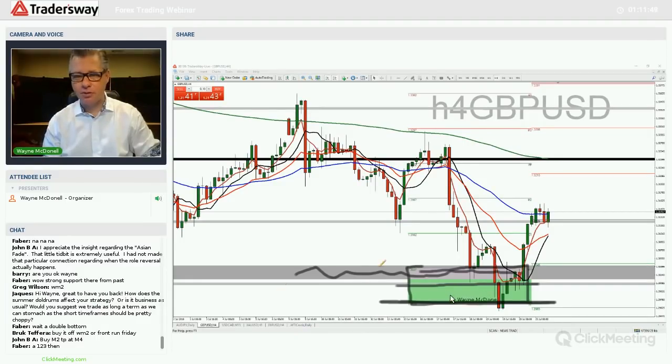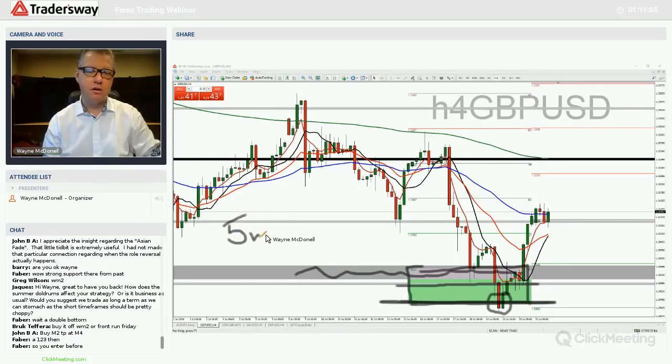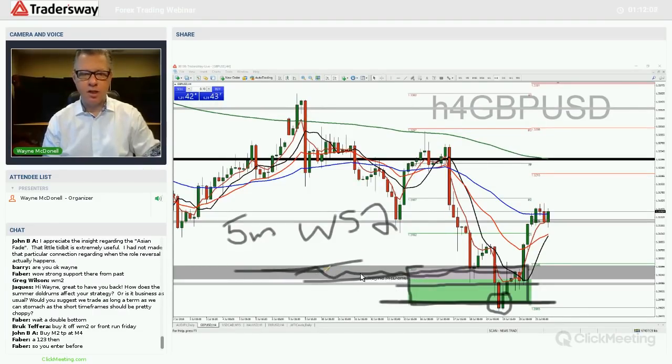The first opportunity is looking for a reversal pattern on like a 5-minute chart at the weekly S2. Because it's a weekly S2, but also because of this support and this support, there's a lot going on.